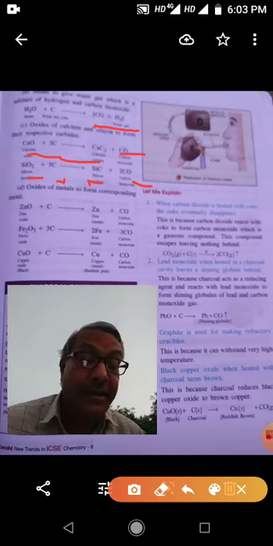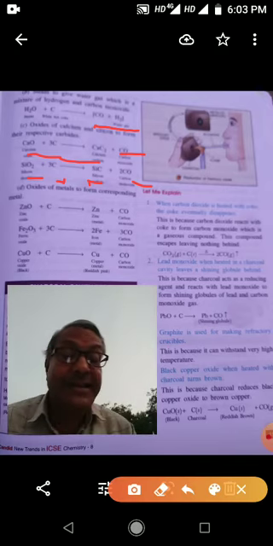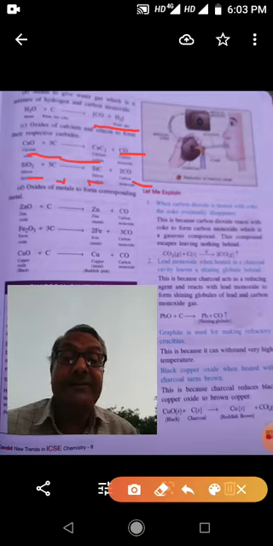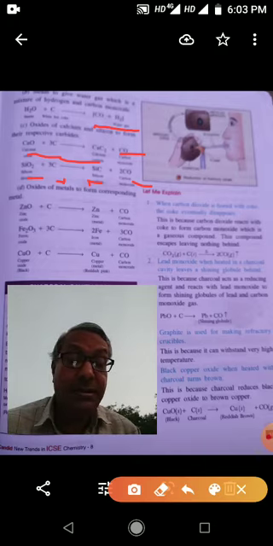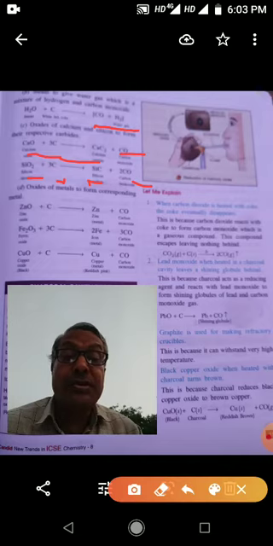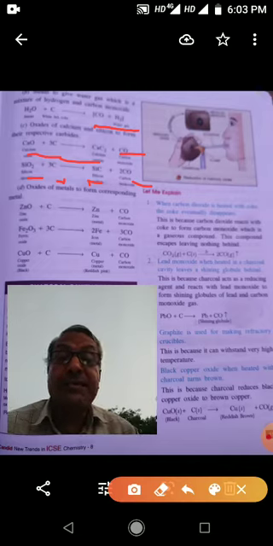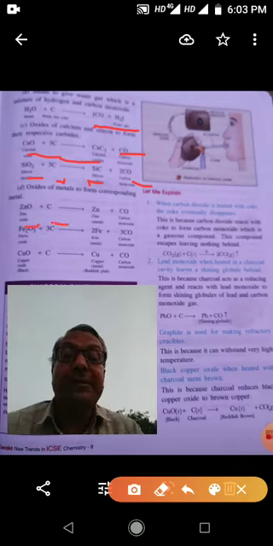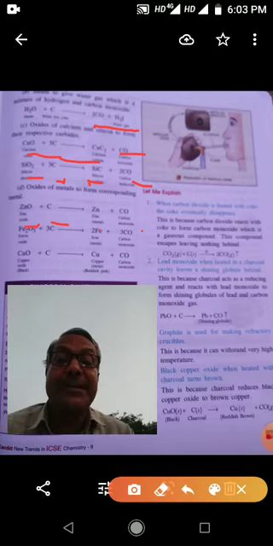Other property is oxides of metals like zinc oxide, ferric oxide, copper oxide reacting with coke. They produce metal. It means oxides of metals are reduced into metal. ZnO reacting with carbon forms Zn plus carbon monoxide.